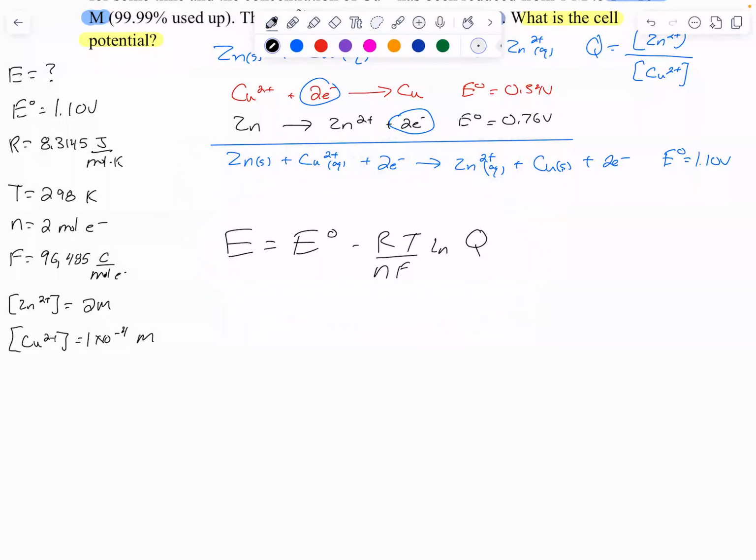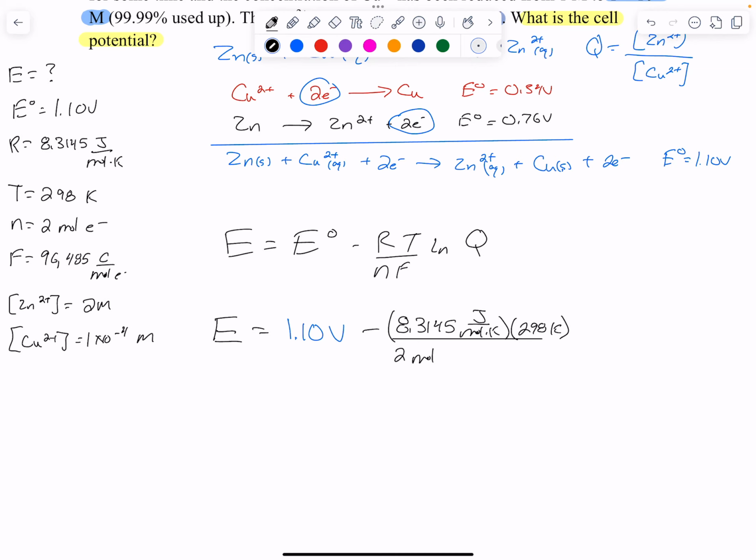So we're looking for E. We don't know what E is. E standard is 1.10 volts minus 8.3145 joules per mole Kelvin, 298 K, 2 moles of electrons, 96,485 coulombs per mole, times the natural log of, well, zinc is 2 molar and copper was 1 times 10 to the negative 4 molar.